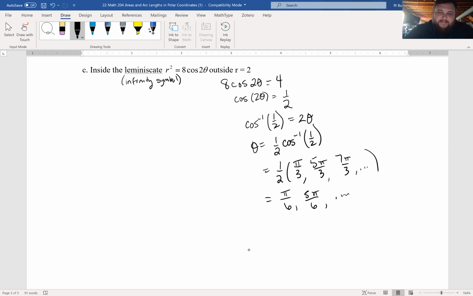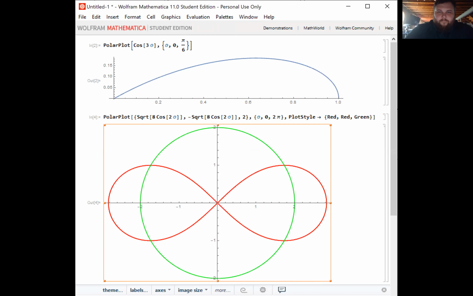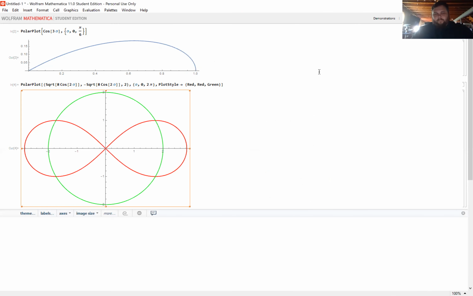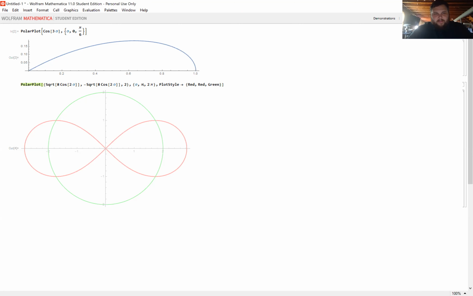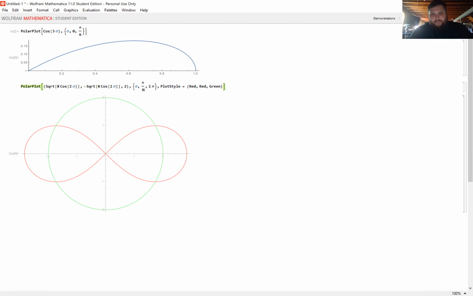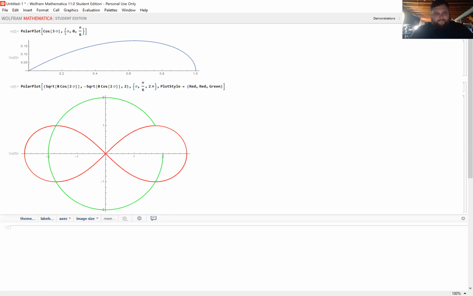So let's see if these angles match up to the ones where they cross on the graph. So how do I do that? Well, I can change my window. So I'm going to start at pi over 6. Okay.